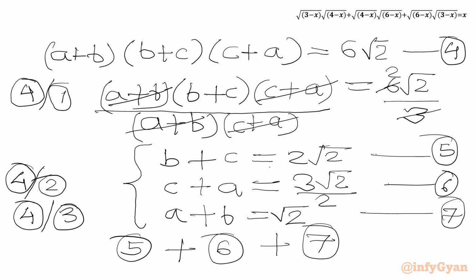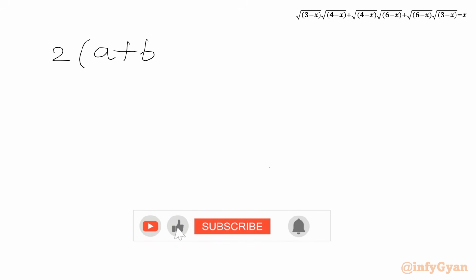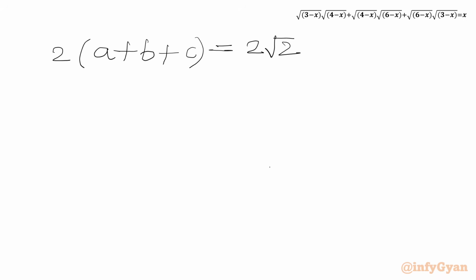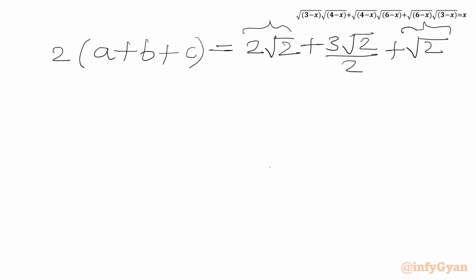So in LHS there will be 2 times A plus 2 times B plus 2 times C. So we can write here 2 times A plus B plus C. And in RHS we will write 2 root 2 plus 3 root 2 over 2 plus root 2. Now 2 root 2 plus root 2, we will get 3 root 2.